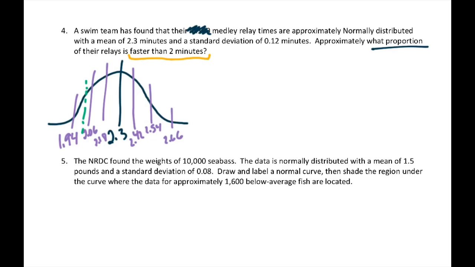Now the trick is if we want faster, we want everybody below 2 minutes time. So over on this side here. So that means in our calculator, we're going to go to our normal CDF, and our lower value is going to be negative 999, because if we could, we'd put infinity. And our upper value is going to be 2 minutes. The mean was given to us, and the standard deviation was given to us.